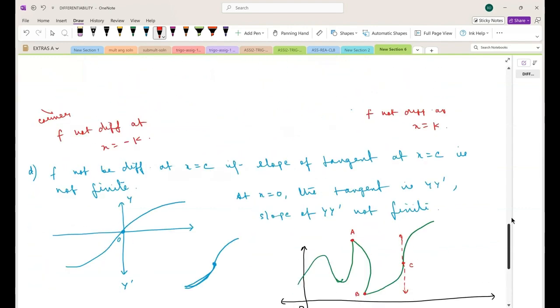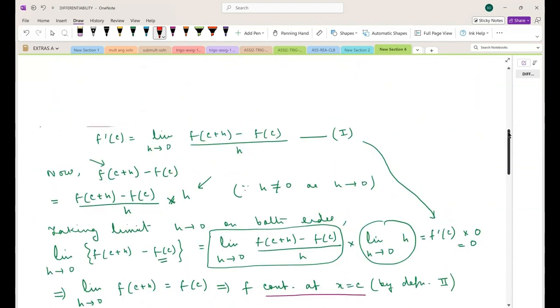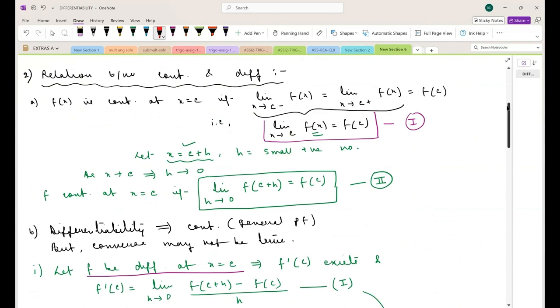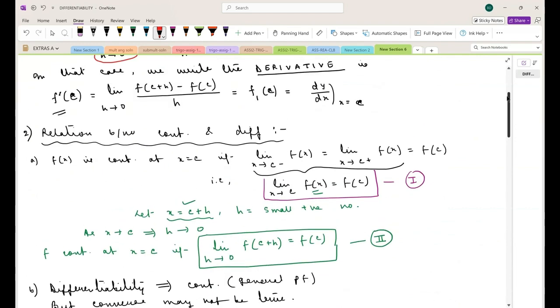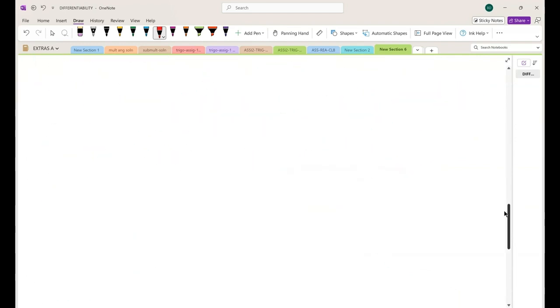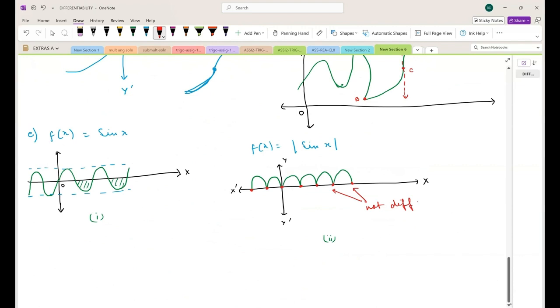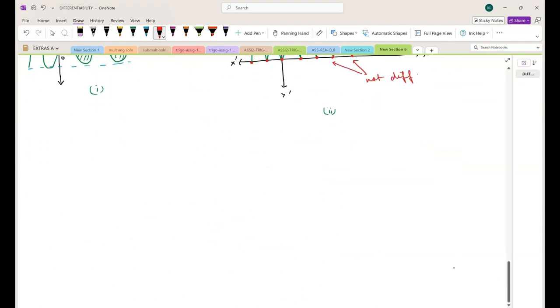Now next, let me just check the points we're covering. Yes, relation between continuity and differentiability, that was point 2. Now we go to point 3, that is properties of differentiable functions.